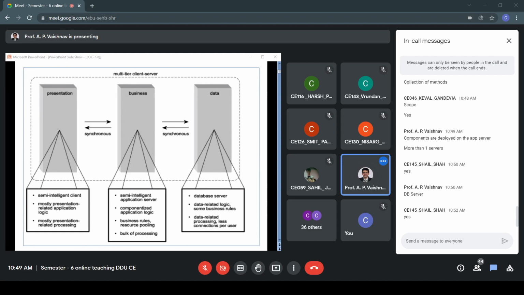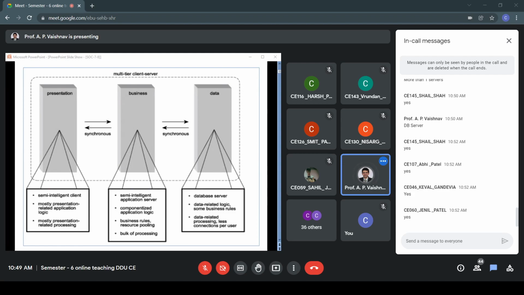Okay. Remember, this was called multi-tier client server. If I introduce one more feature, that is internet, now it becomes distributed internet architecture, in short called DIA. Just observe this, we'll compare it with the previous one.